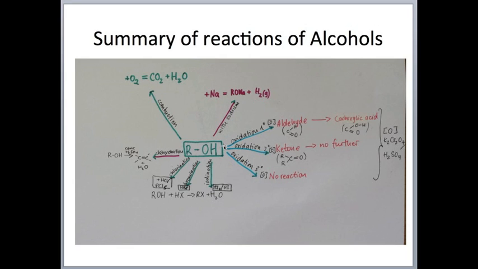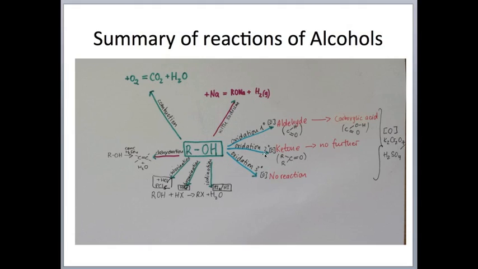We also know that alcohols undergo oxidation reactions, but what will be produced depends on whether it's a primary, secondary, or tertiary alcohol. If a primary alcohol is oxidized, it will first produce an aldehyde. And if we leave it to oxidize further, a carboxylic acid will be produced.